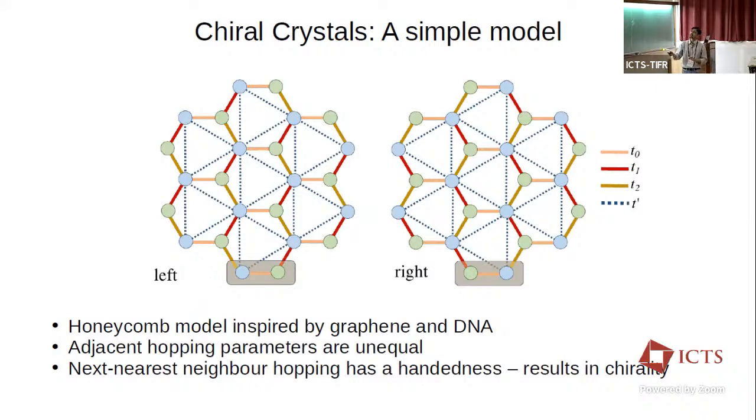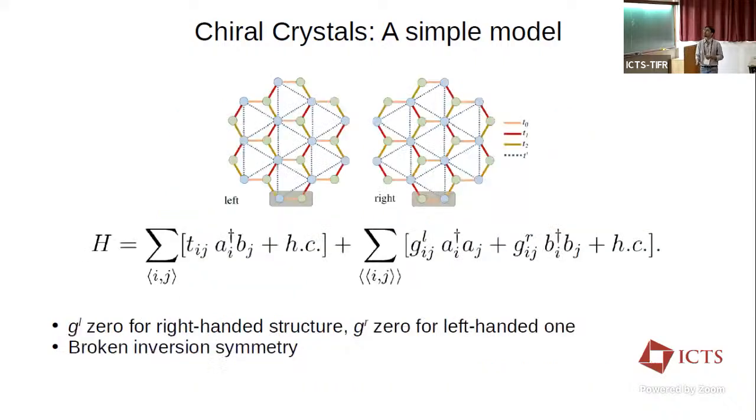And then there is a next nearest neighbor hopping, which is not like the Kane-Mele term, it's just a real hopping, where the left-handed hopping becomes finite for the left-handed enantiomorph, and the right-handed hopping becomes finite for the right-handed enantiomorph, which is what gives you the chirality. I'll show you the Hamiltonian in a minute. So here's the Hamiltonian.